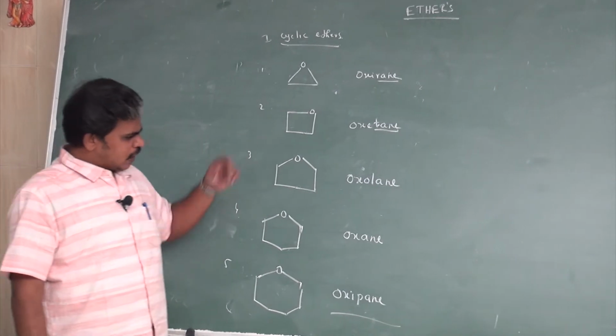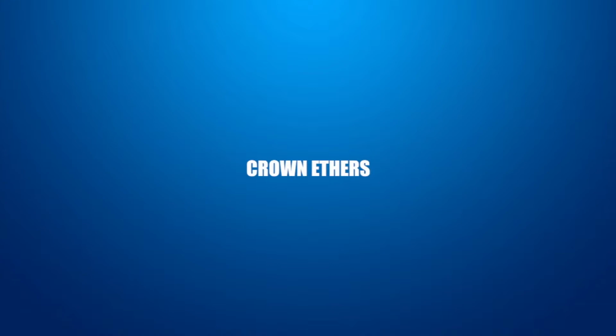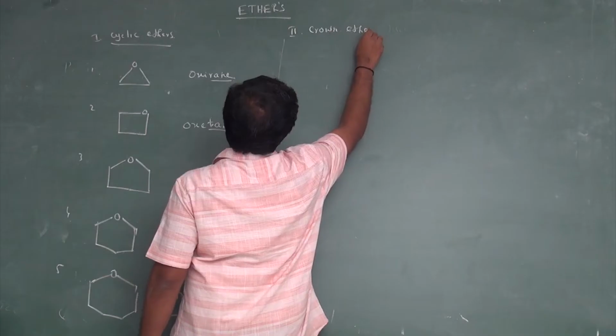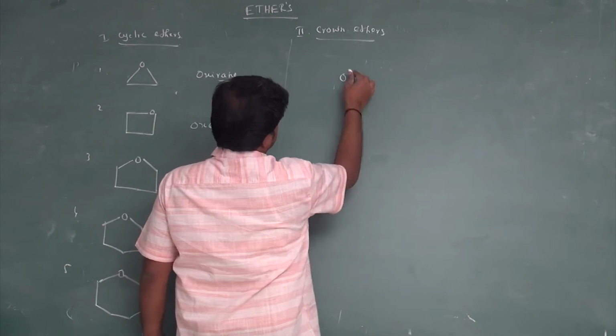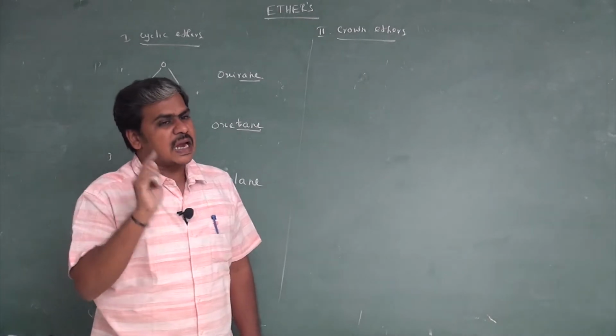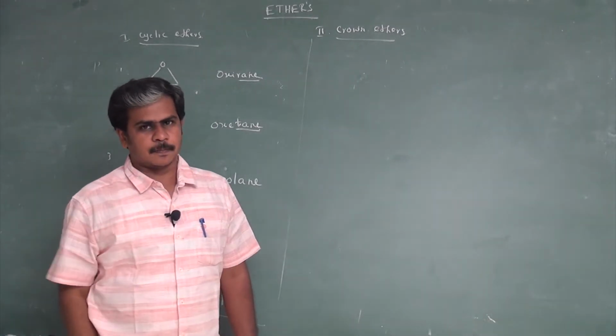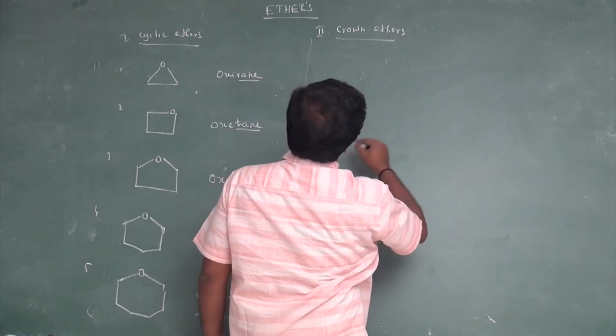And one more type of ether is also possible, known as crown ethers. Okay, listen, we are taking crown ethers. What do you mean by crown ethers? It contains at least 4 oxygens or more. Then we call this crown ethers.